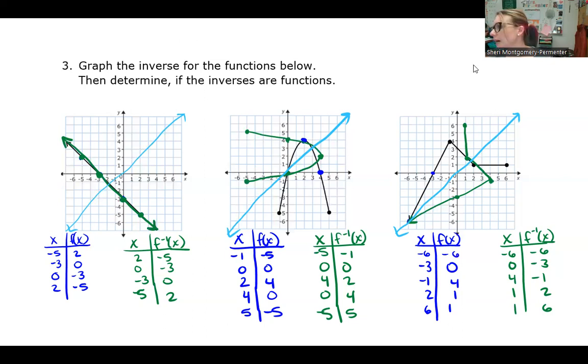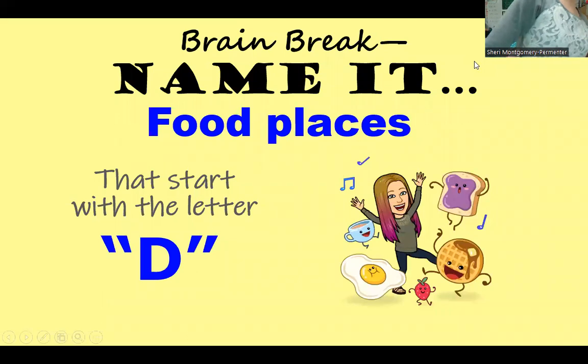So now we have a brain break. And this one is from a student as well. And we haven't done one like this, so again, you can do one about anything. Who can come up with any food places that start with the letter D? Jenny?